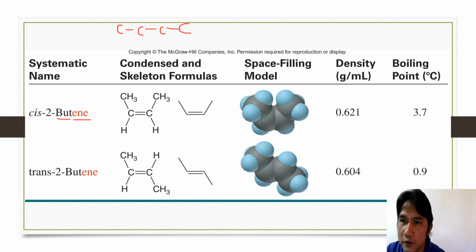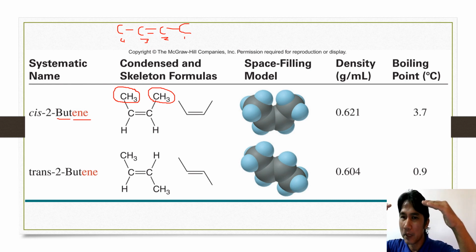This is the first, and then the second carbon, the third carbon, and the fourth carbon. Now you notice that this CH3, we call this methyl group. Okay, you notice that the methyl groups are on the same side of the plane.